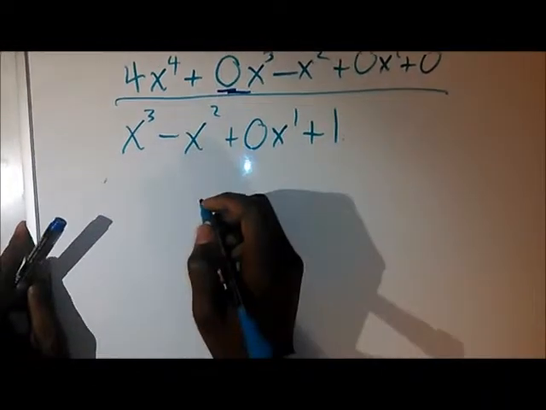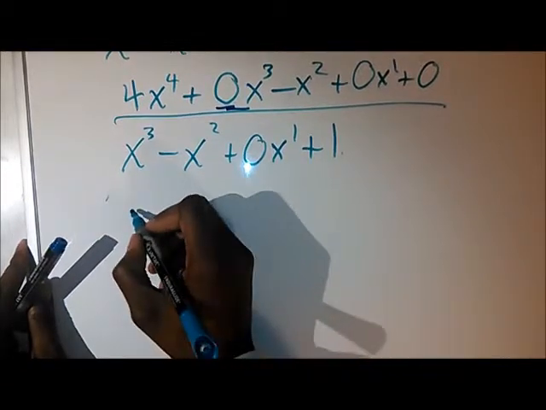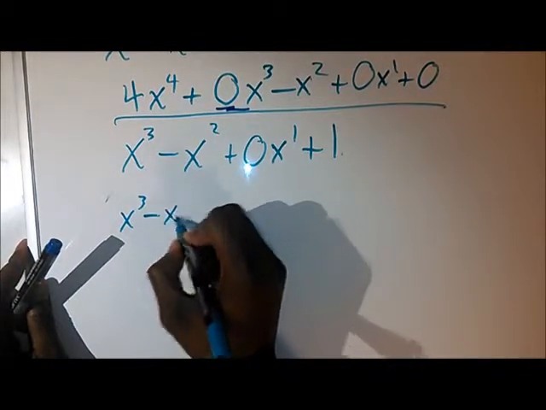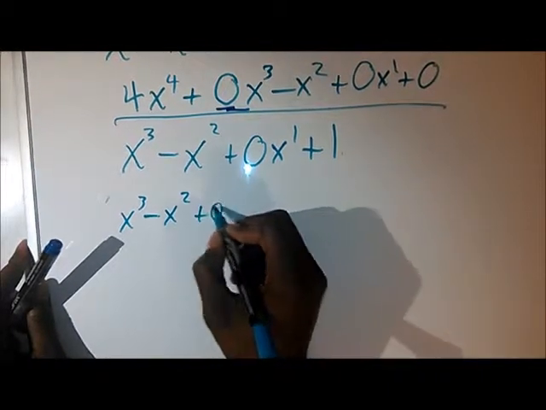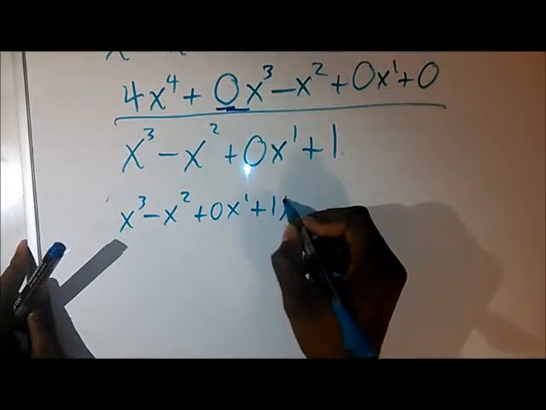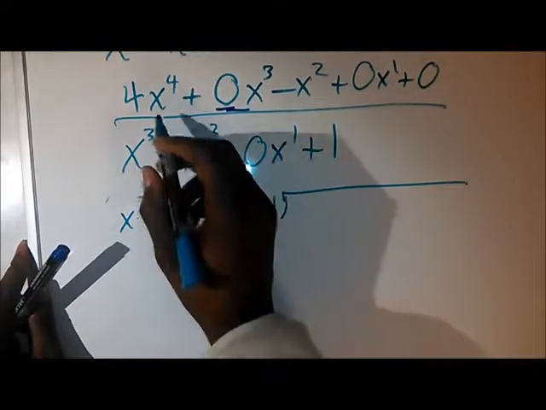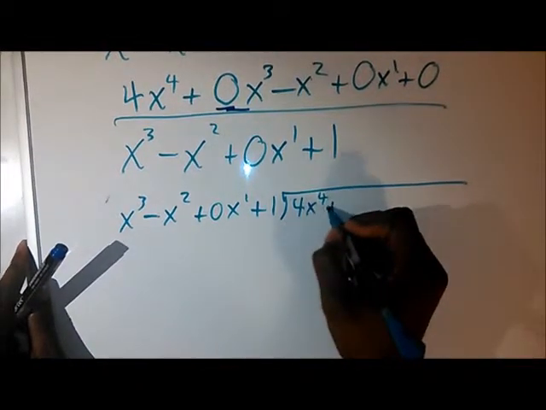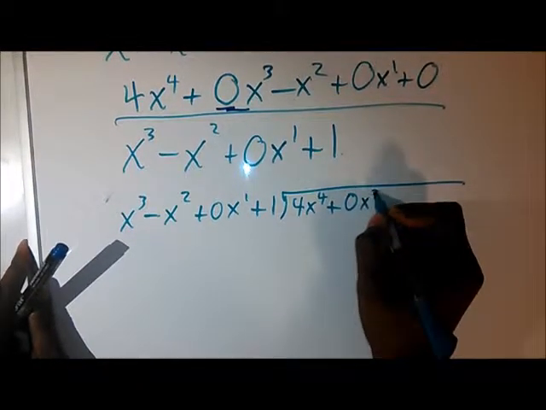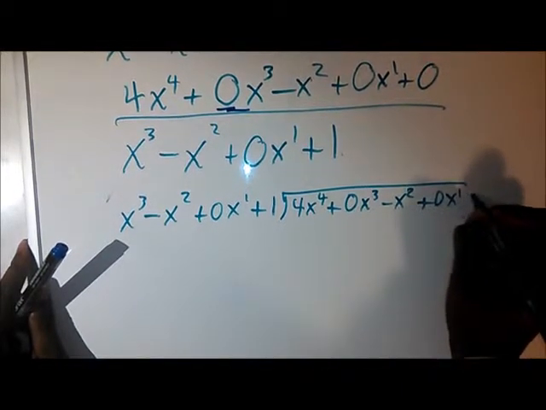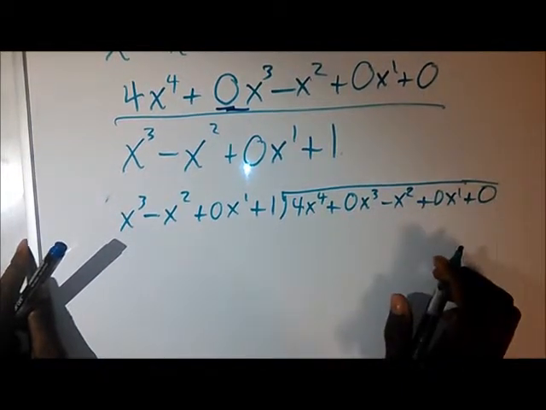So let's go. The divisor is x cubed minus x squared plus 0x to the 1 power plus 1, and the dividend is 4x to the 4th power plus 0x cubed minus x squared plus 0x to the 1st power plus 0.